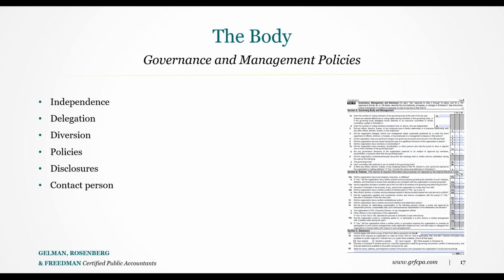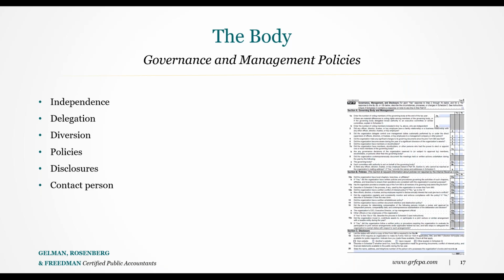So the first question in this section deals with independence. Really what you want to see for a nonprofit organization is that the board is independent, and there are four prongs to that test. They want to make sure of the compensation received as an officer or from a related organization. Did the member receive total compensation exceeding $10,000 during the tax year, other than reasonable compensation for services provided as a board member?